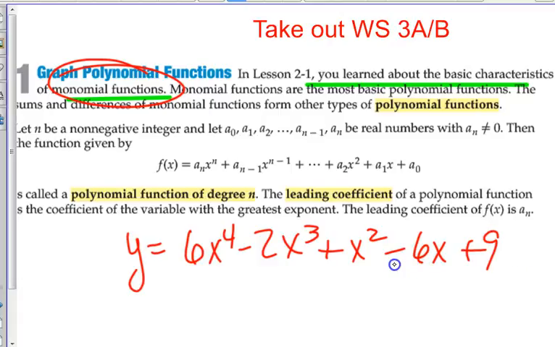This is all about vocabulary right now. 1, 2, 3, 4, 5 terms, okay? This is a constant, but it is a term. All right? This is a degree 4, okay? The highest exponent power is the degree.